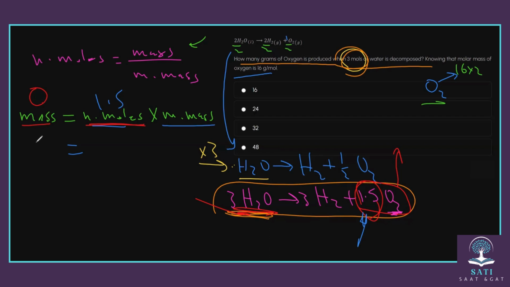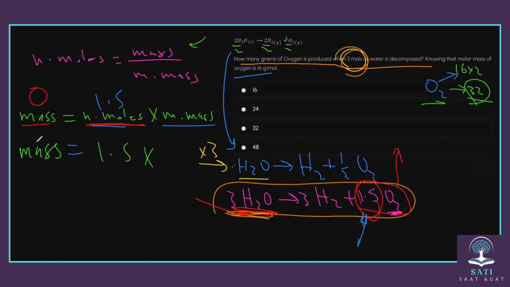That gives us 32, so the molar mass of the oxygen molecule is 32. Usually when they give us molar mass in the questions, they give the molar mass of one atom, so we change it into the molar mass of the molecule, which is 32.